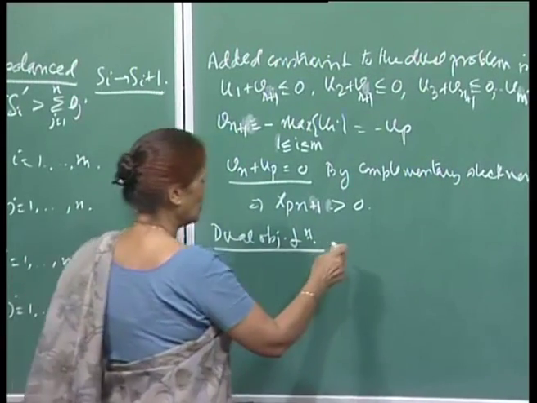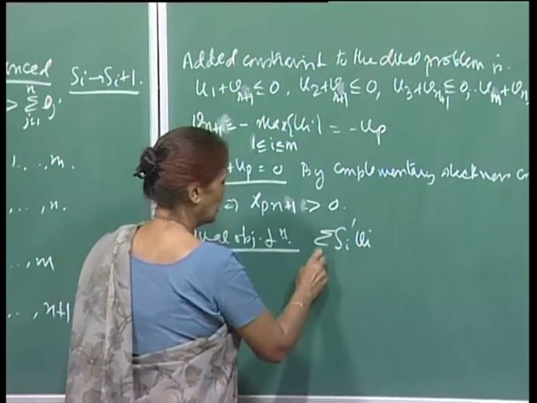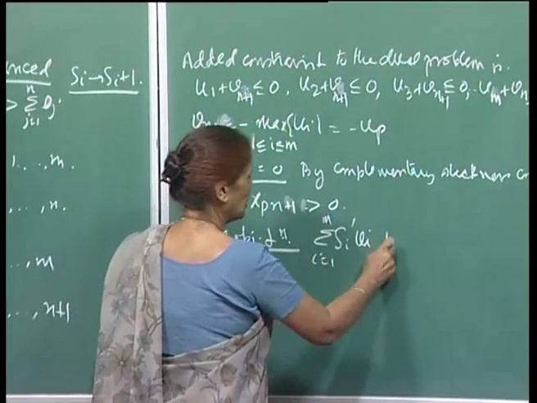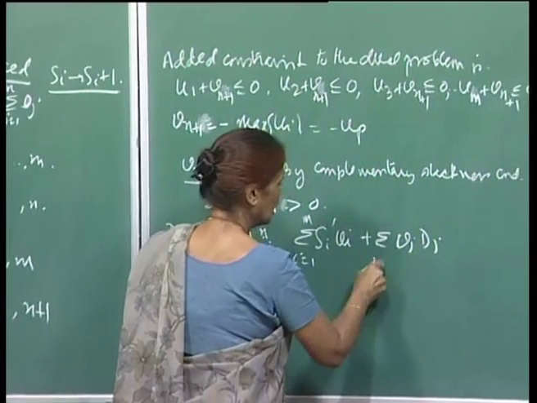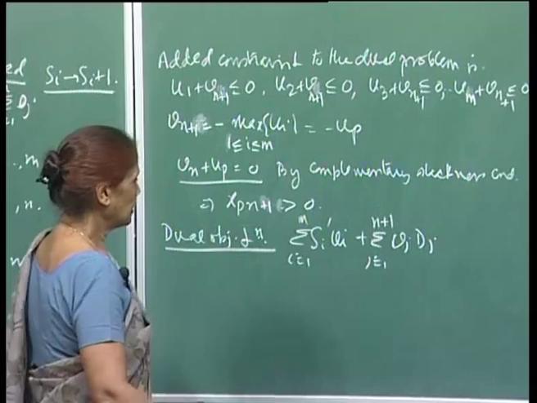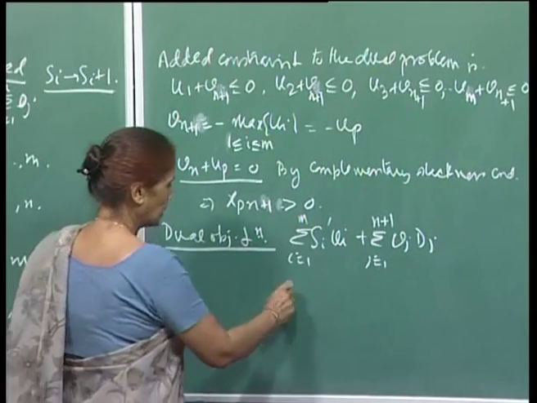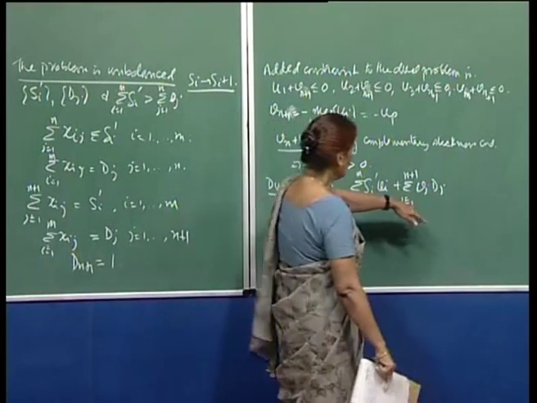Dual objective function, you have summation S_i prime u_i, i varying from 1 to m, plus summation v_j d_j, j varying from 1 to n plus 1. And nothing is changing here.